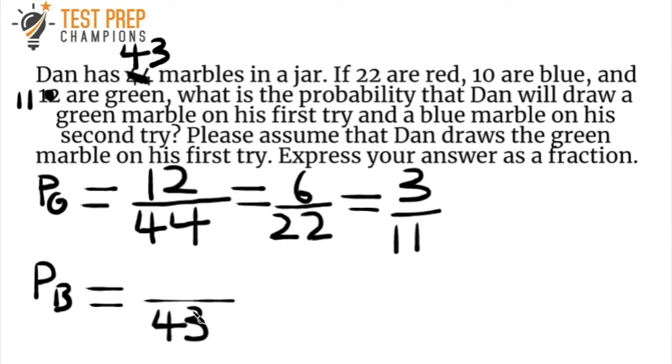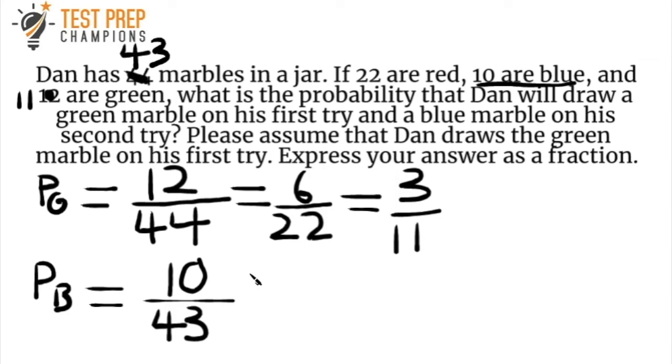But the number of blue marbles in the jar is going to be exactly the same as it was before because, remember, we're supposed to assume here that he actually drew that green marble on the first try. So the number of blue marbles stays exactly the same. So the number of favorable outcomes is going to be 10 because there are 10 blue marbles. All right. So we've got 10 out of 43, and this is kind of a strange number, but this is going to be the simplest form.